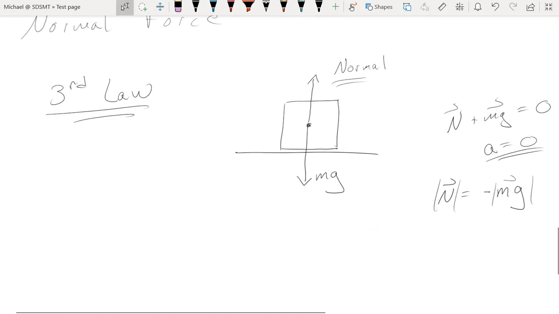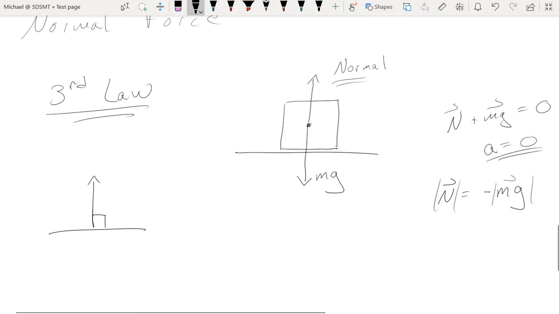Well, so why do they call it the normal force? In certain areas of math, and particularly in vector math, the term normal refers to a perpendicular relationship.